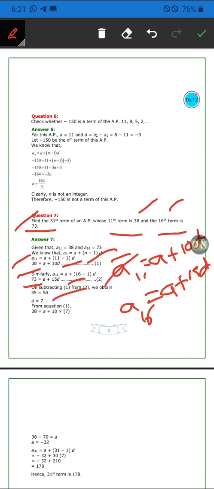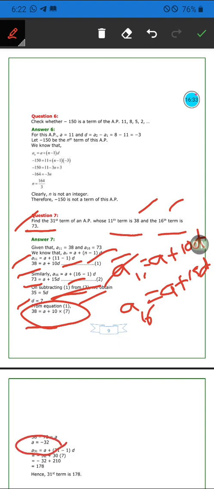Common difference is 7. So put the D value 7 in equation 1 or 2. By putting it in equation 1, we get this equation. So A becomes minus 32. So we found the A value and D value.